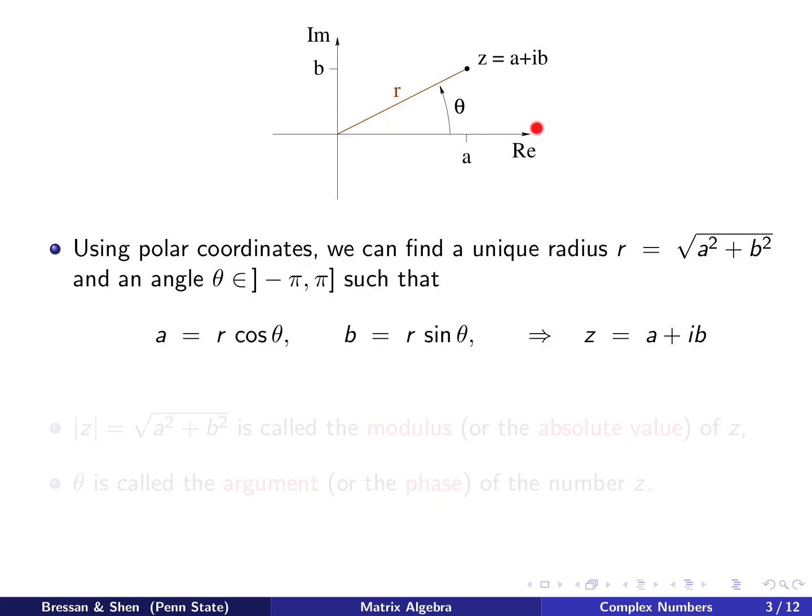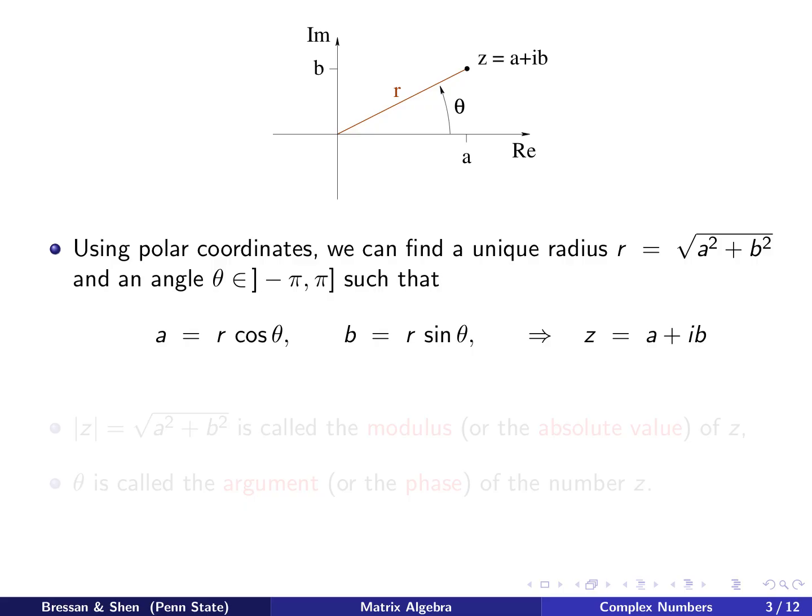The horizontal one represents the real part, and the vertical one represents the imaginary part. A number A plus iB would have length A along the real axis and length B along the imaginary axis, and Z would be the point with coordinates (A, B).